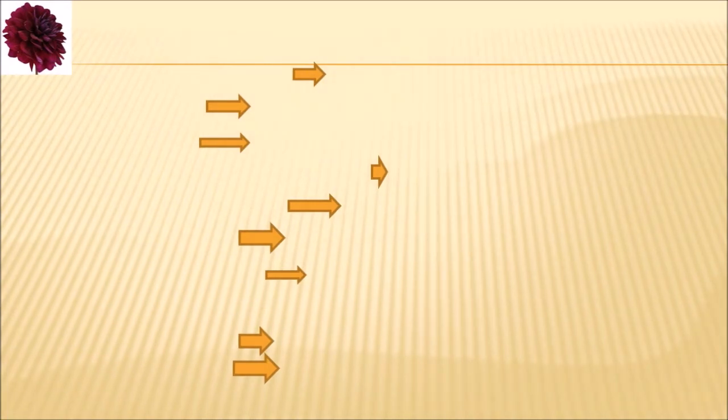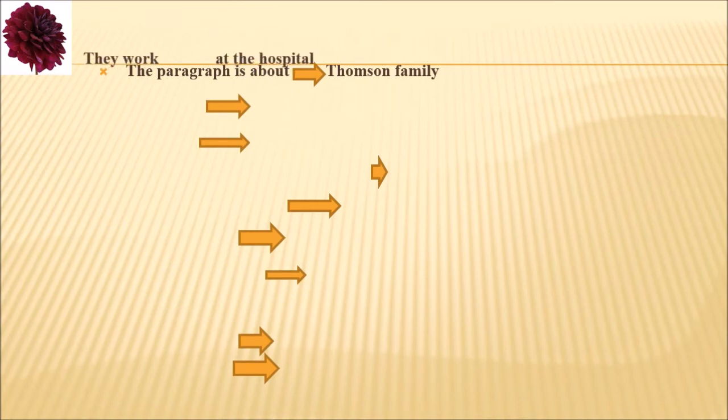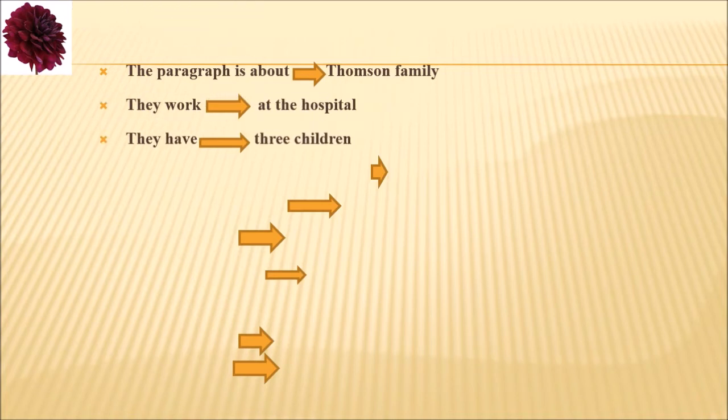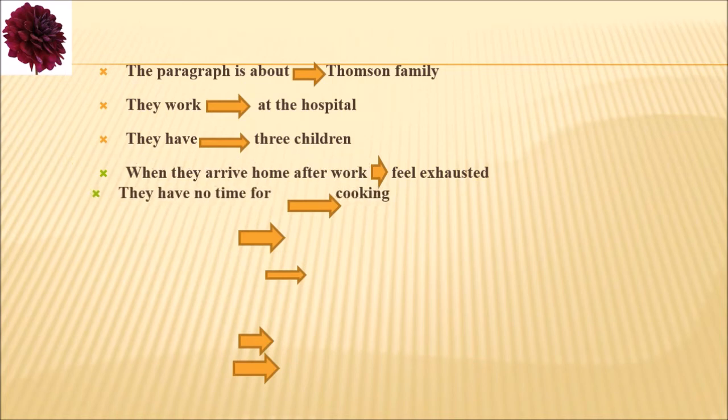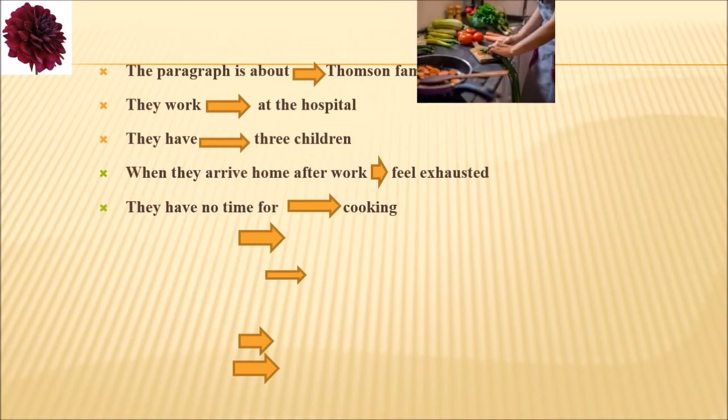Take out few important points or a summary of the paragraph. The paragraph is about Thompson family. Yes, they work at the hospital. They have 3 children. When they arrive home after work, they feel exhausted. वो थके हुए होते थे काम के बाद. They have no time for cooking.